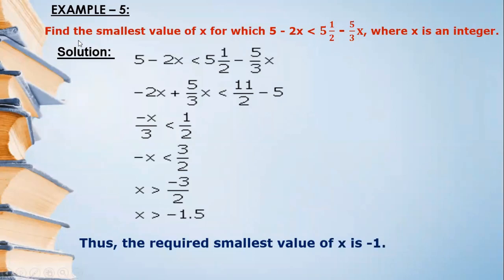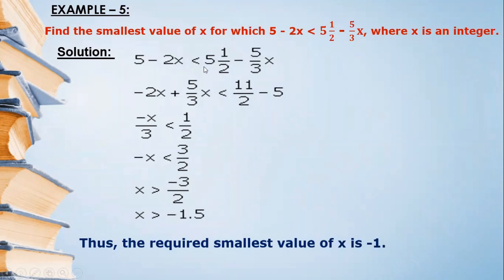Example 5. Find the smallest value of x for which 5 - 2x < 5 1/2 - 5x/3, where x is an integer.